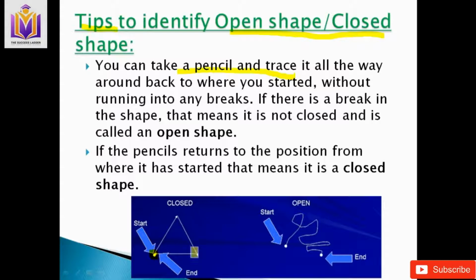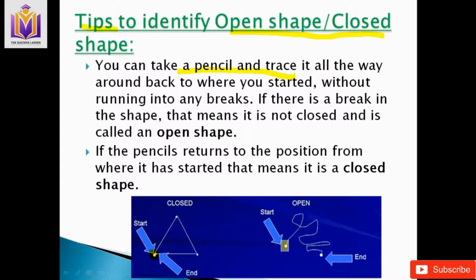If I point out the pencil here and trace the entire boundary of the shape, it should meet at the starting point only. It means there should not be any breaks in between. So if I trace the pencil all the way around back to where I started without running into any breaks, the shape is closed. But if there is a break in the shape, that means the figure is not closed.